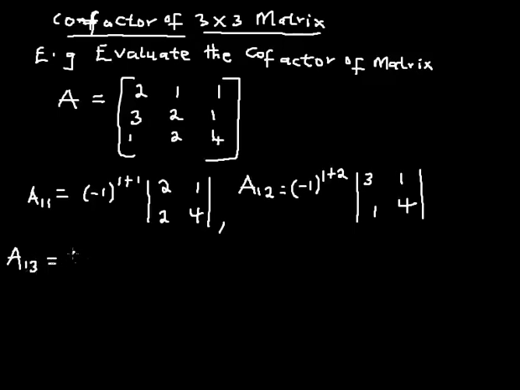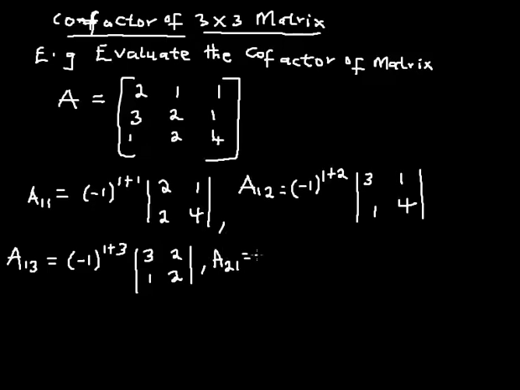So there's going to be minus 1 raised to the power of 1 plus 3, multiplied by, cross this, I'm having 3, 2, 1, 2. Then I'm now coming to a21.